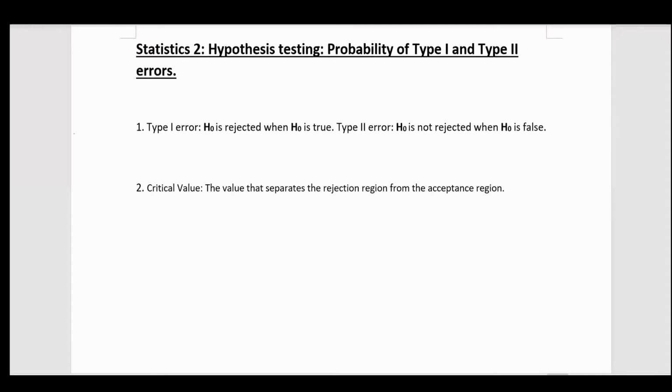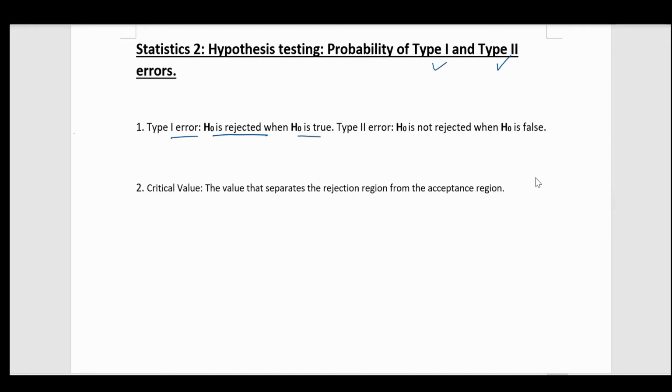Hi, in this lesson we will continue with hypothesis testing, and we will focus on the probability of type 1 and type 2 errors. In my previous lessons, I discussed the definitions of type 1 and type 2 errors. Type 1 error: H null is rejected when H null is true.